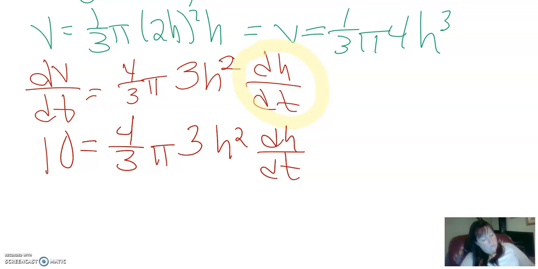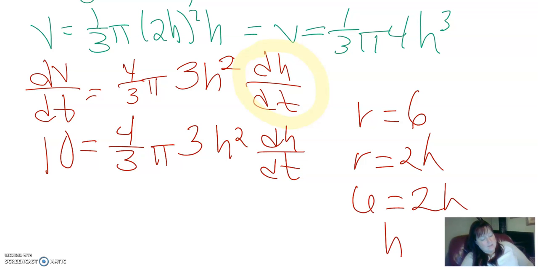Well, what we do know is that the radius equals 6. That's one thing we've been given. We want to find this rate when the radius equals 6. If the radius equals 2h and the radius equals 6, then our height has to equal 3. So we can plug that back in.